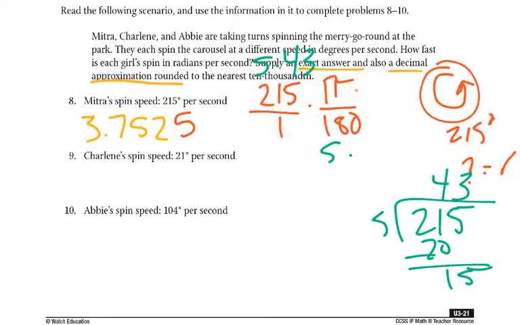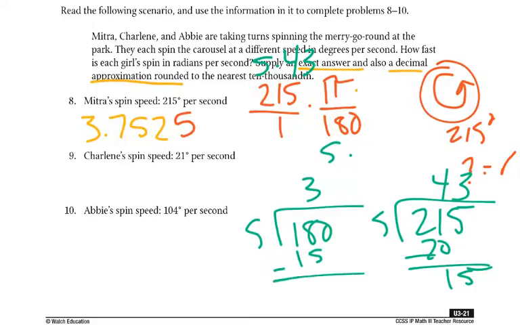So I'm just factoring out to see what we can eliminate here. So the 5s can cancel out.